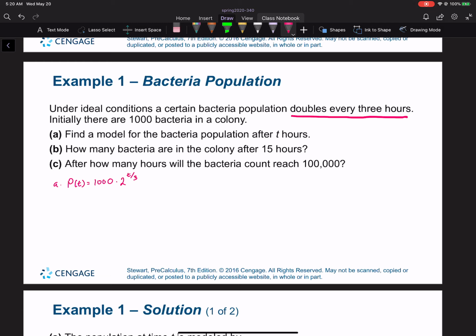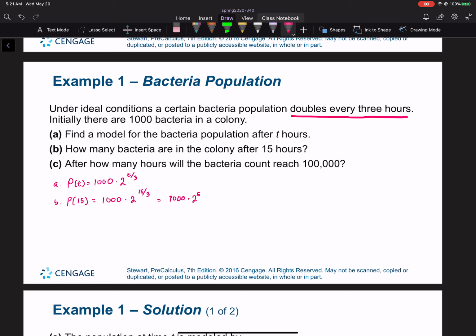And then B says, how many bacteria are in the colony after 15 hours? So what is P of 15? So that would be 1,000 times 2 to the 15 over 3, which is equal to 1,000 times 2 to the what? 2 to the 5th.